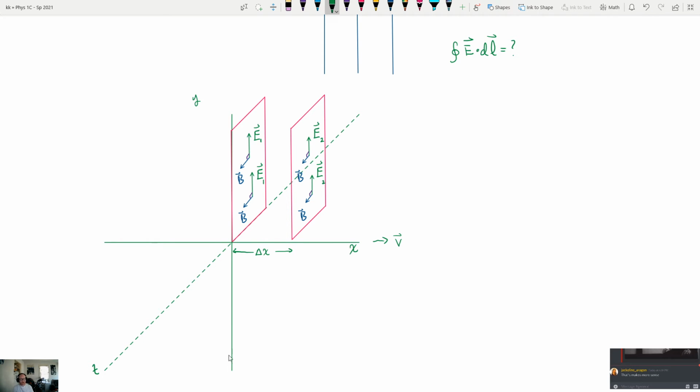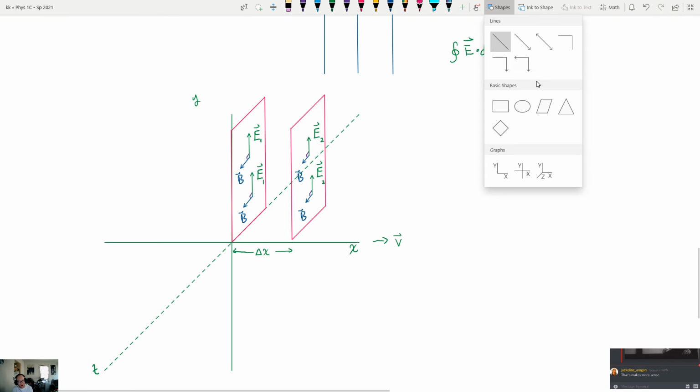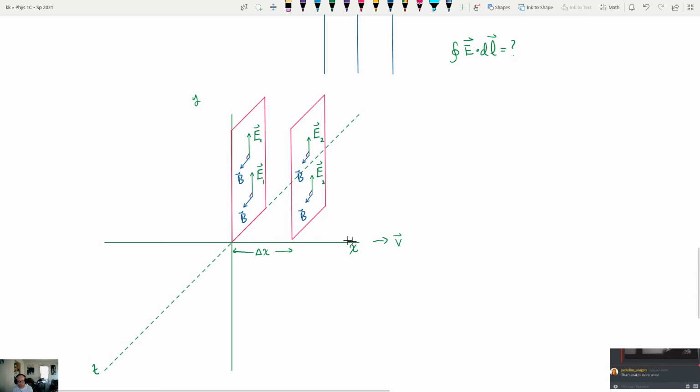In order to do that, we need a path around which we can take this integral. What's a color that's going to stand out on this? Probably purple will work. This is the path we are going to take. It's actually going to be a straight up box with the way that I drew this. So this is going to be our path.